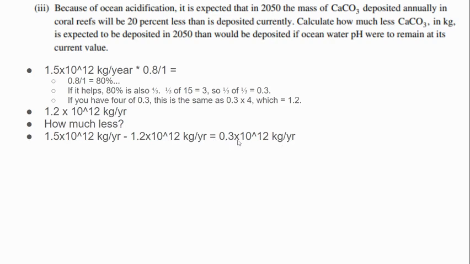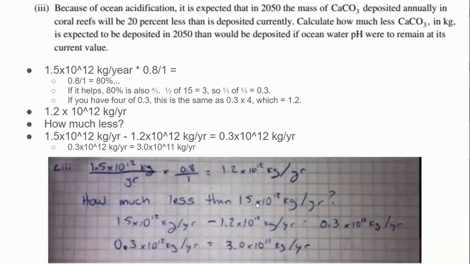Well, that's not correct scientific notation either. We should have a whole number here that's not 0 before the decimal. So if we move this decimal place over, we make this a little bigger, which means we make the exponent a little smaller to balance things out. So 0.3 times 10 to the 12 kilograms per year is equal to 3.0 times 10 to the 11th kilograms per year. And here's our math: 1.5 times 10 to the 12 kilograms per year times 0.8 tells us how much is being deposited.